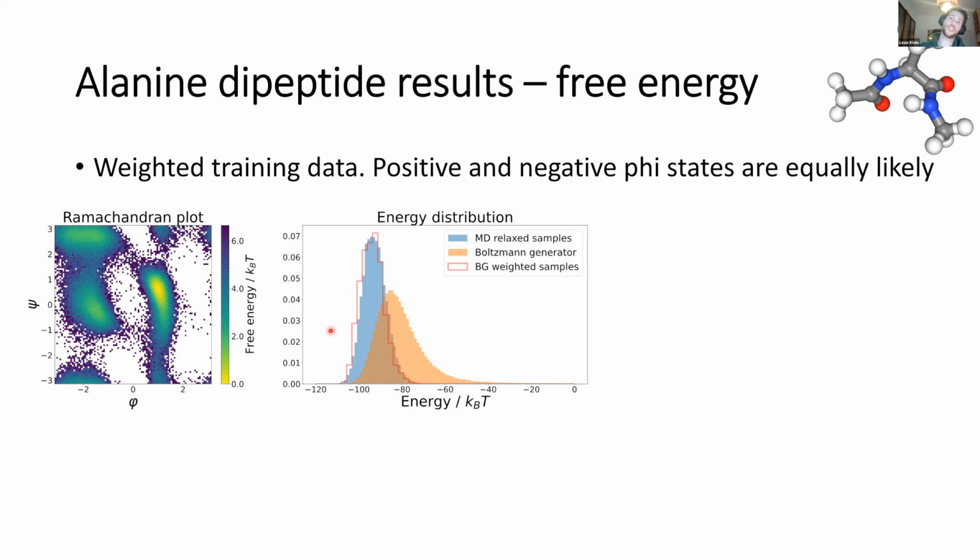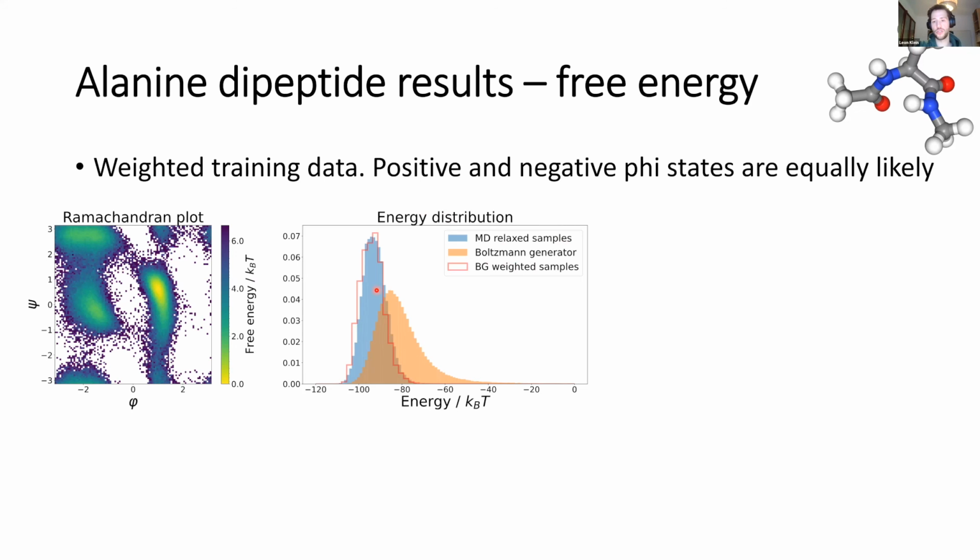Now here you see the energy distribution of samples produced with the Boltzmann generator, which have quite a good overlap with the relaxed MD samples. Although, of course, these relaxed MD samples are not coming from the equilibrium distribution, so they are biased as well. So the true distribution might be a little different.